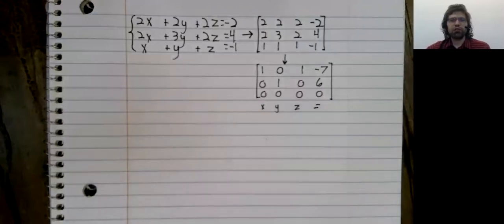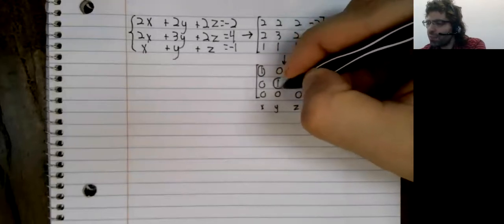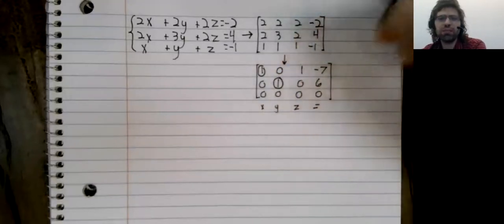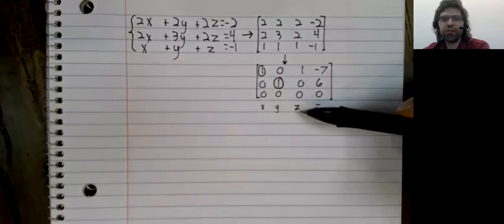And we'll now repeat the process we used to write the solutions of a homogeneous system. The basic variables are x and y, because these are the pivot positions, while z is free.